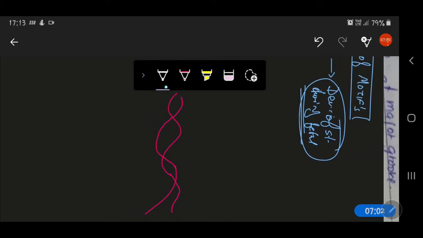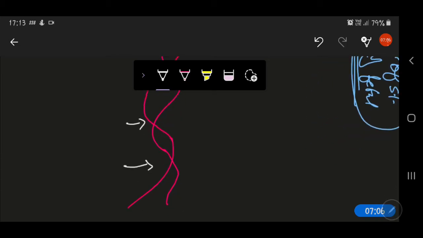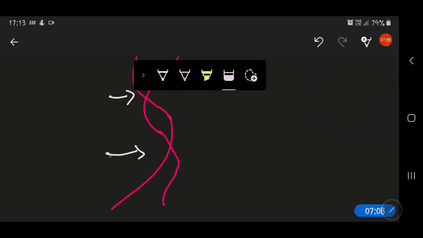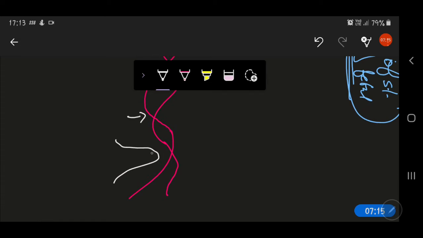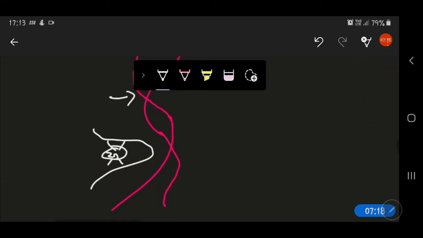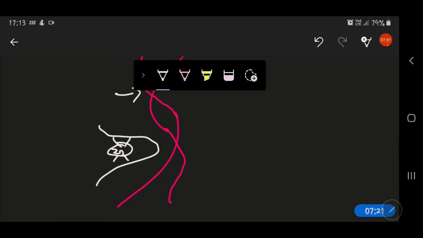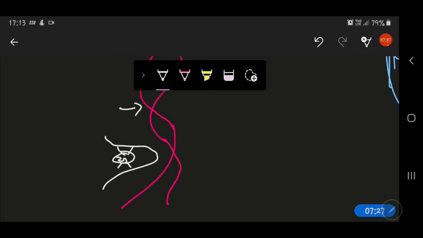Let this be the minor groove, this be the major groove. In the major groove, this zinc finger motif attaches like this and controls the hormone response elements. This is the zinc here. The molecular mechanism of this is not in the UG curriculum.